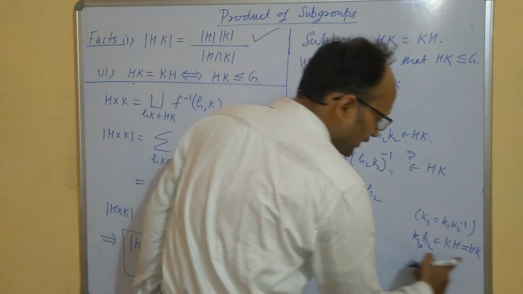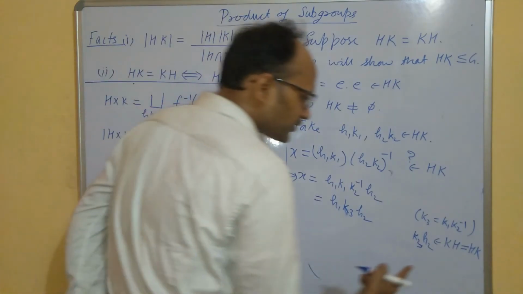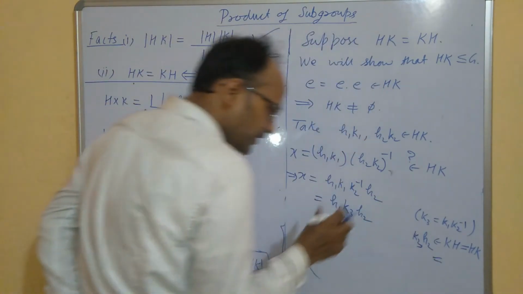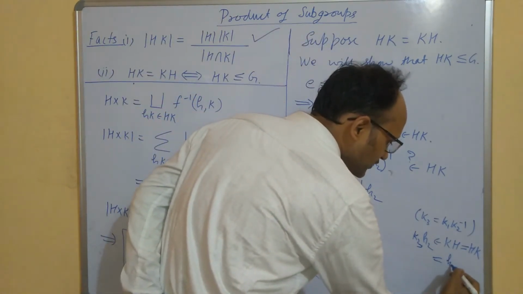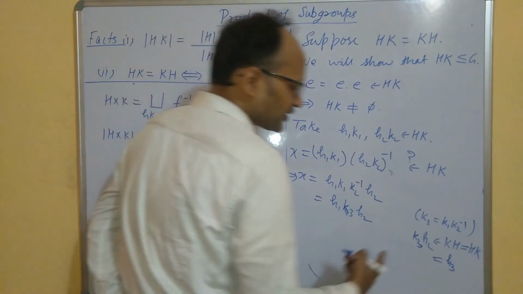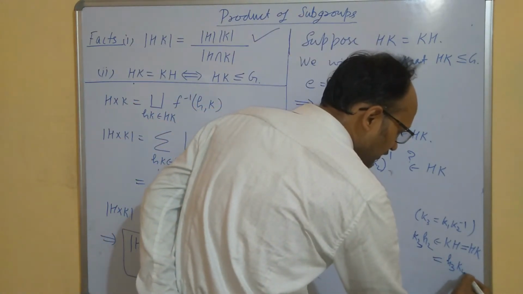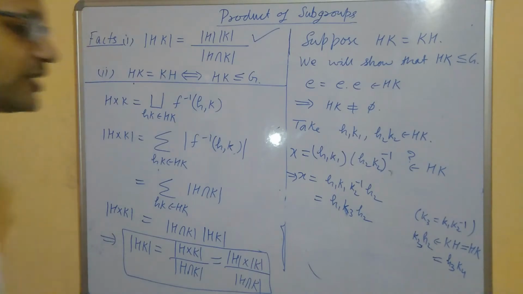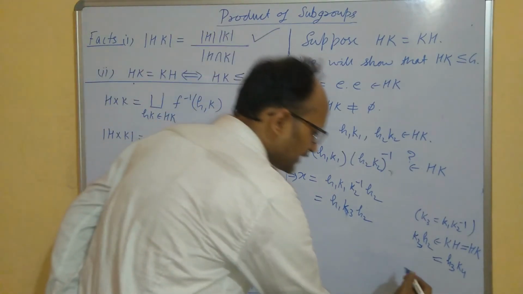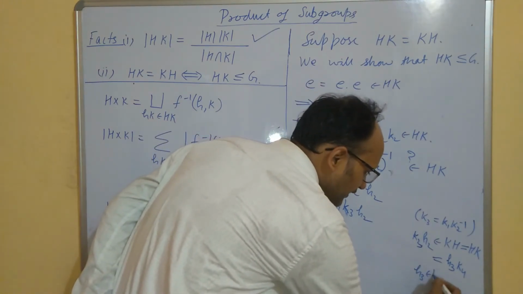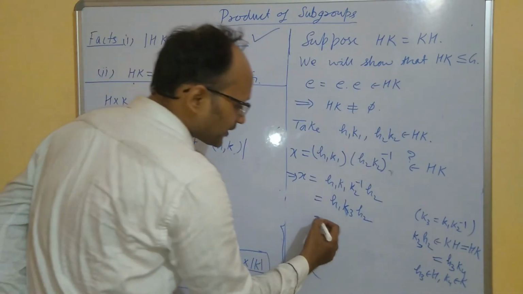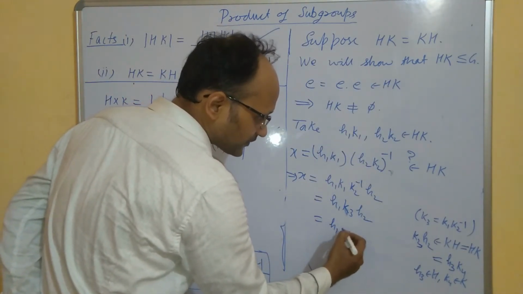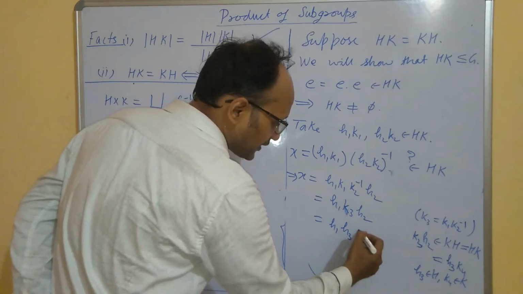So this is also an element of HK, but all the elements of HK will be of the form some element of H into some element of K. So we can write it, for some h3 in H and some k4 in K, as h3 into k4, where h3 belongs to H and k4 belongs to K. Okay, so let me write it here. So h1, h3, k4.